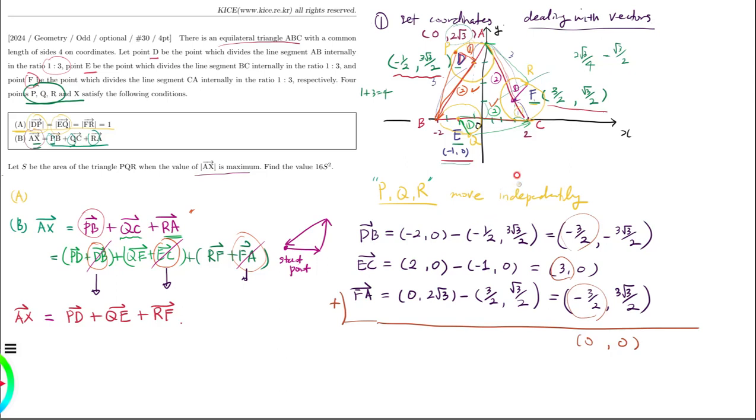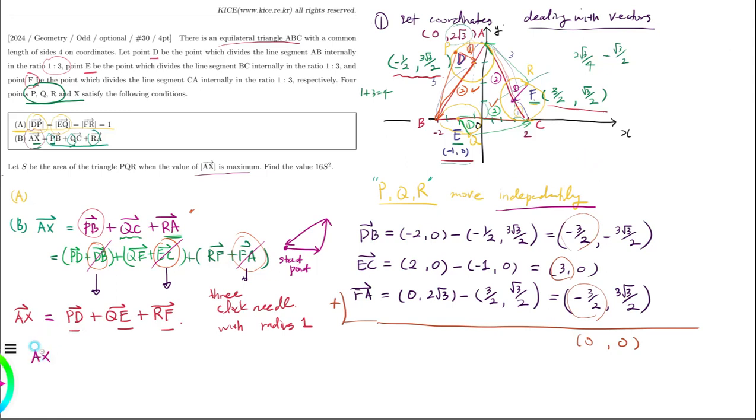This is the first one. So all the three vectors are like three clock needles with the same radius one, and they move independently.